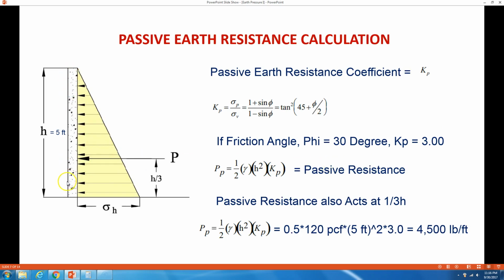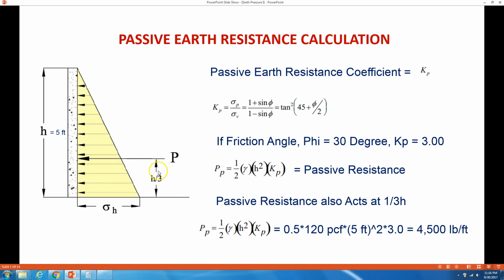So if the retaining wall footing was buried 5 feet deep, then K sub P is tan squared of 45 plus phi over 2. And if phi is 30 degrees, it will be tan squared of 45 plus 30 over 2, and K sub P will be 3.00. And what is the passive resistance?